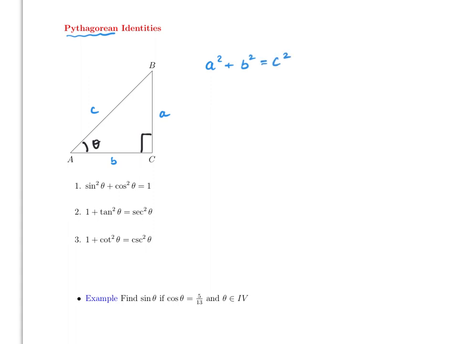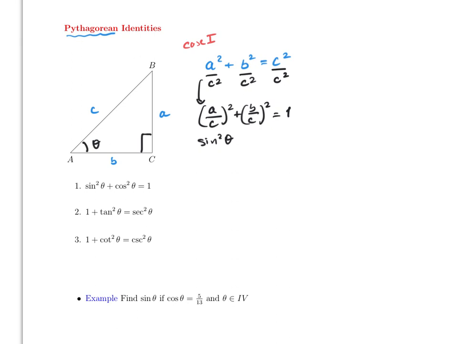So let's look at case number 1, because you have 3 formulas. This is what we're going to do. Let's divide both sides by C squared. Notice that you can rewrite this as (A over C) squared plus (B over C) squared equals 1. But remember that A over C is the definition of sine, so this is sine squared.